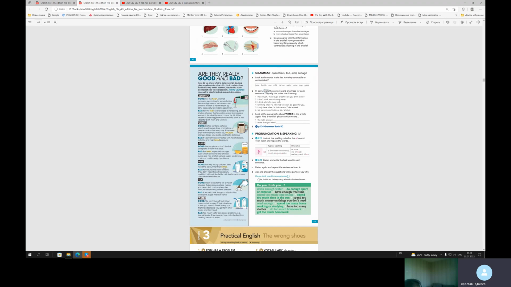For example, a lot, many, but in this text you should find another quantifier that describes the right amount: not many, not little, not much, not few, just right. This word has 6 letters.